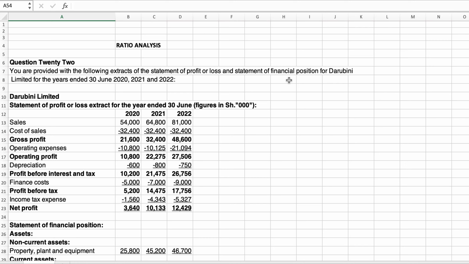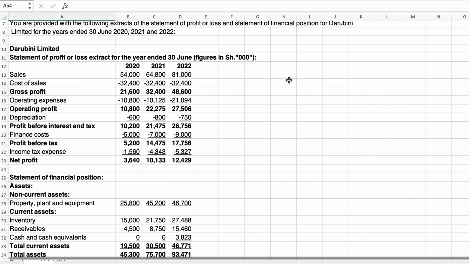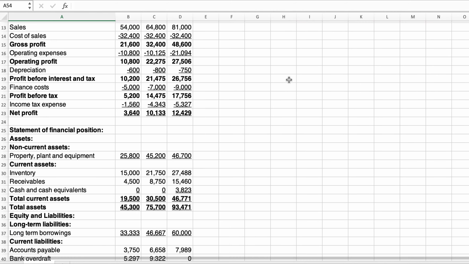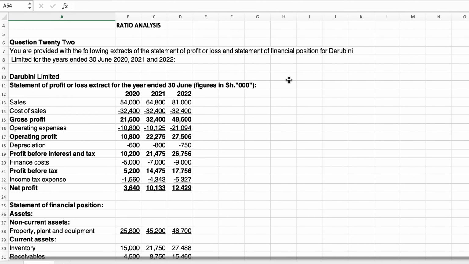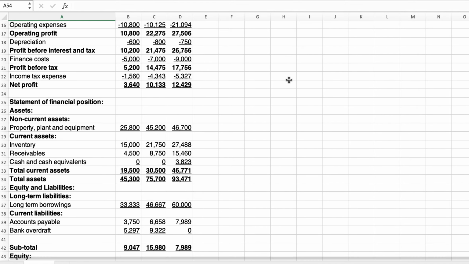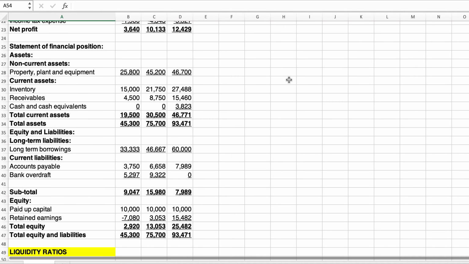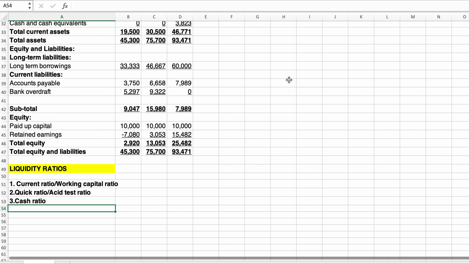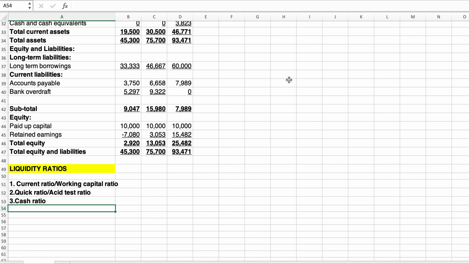We were comparing the ratios for these 3 years to analyze these financial statements using ratios, and be able to make informed decisions for the company or to advise accordingly. So let us start calculating these ratios.